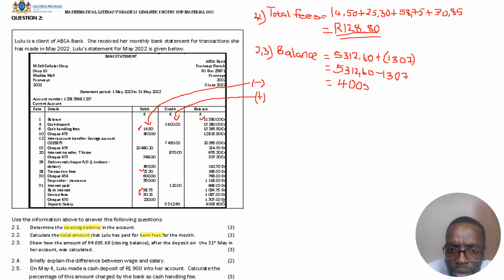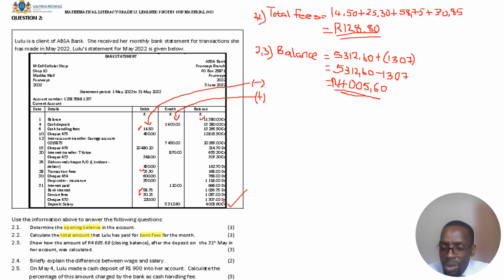And then in this case your answer there is going to be 4,005.60. These are rands. So this is the balance that is now appearing in the account, the 4,005.60. Where did it come from? This is what had happened.